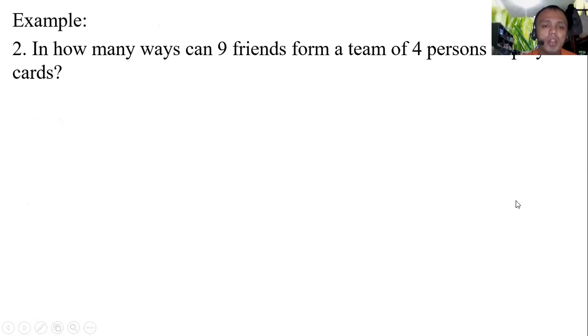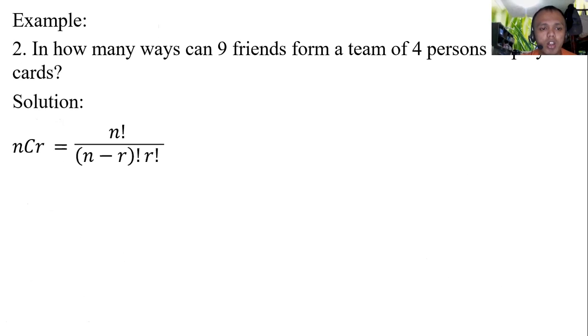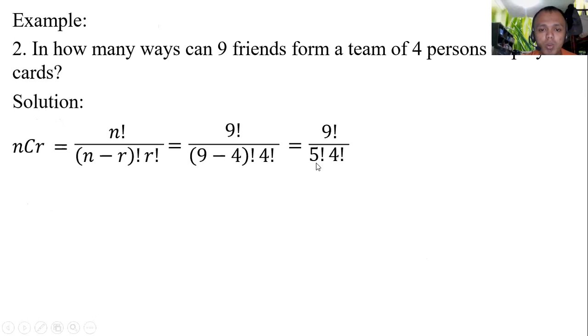Next, in how many ways can 9 friends form a team of 4 persons to play cards? From 9, you select 4 persons to play cards. Here, nCr is equal to n factorial over n minus r factorial times r factorial. Your n here is 9, your r is 4. So 9 minus 4 is equal to 5.